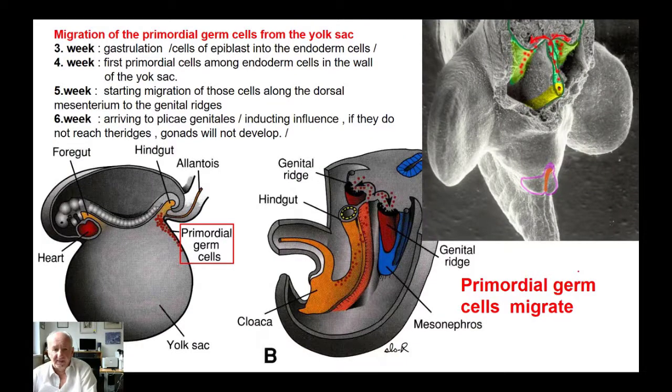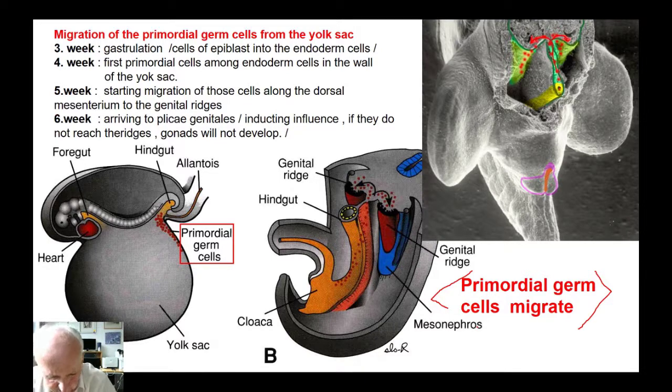And to this place the primordial germ cells have to come. Now the migration of the primordial germ cells into this genital ridge has to happen. So, if you remember gastrulation, starting in the 3rd week, formation of ectoderm, mesoderm, and entoderm.